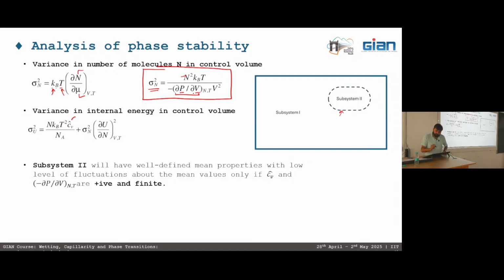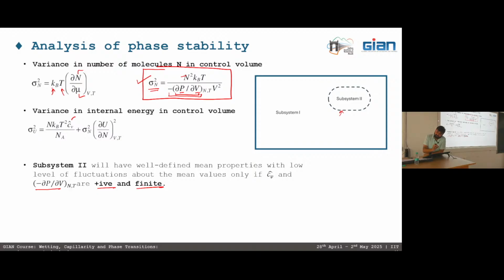For this term to be valid, −∂P/∂V should be a positive quantity. At the same time, it should be finite. So the first implication is that −∂P/∂V should be positive and finite.